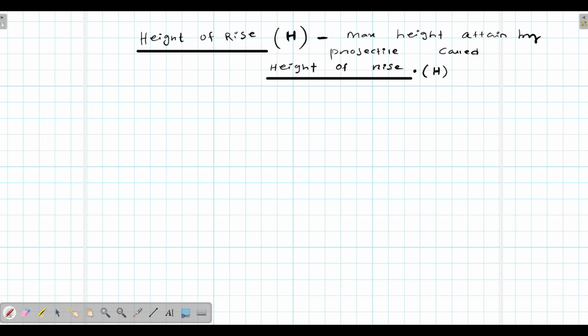So we can derive height of rise from this expression. This is the maximum height attained by the projectile.